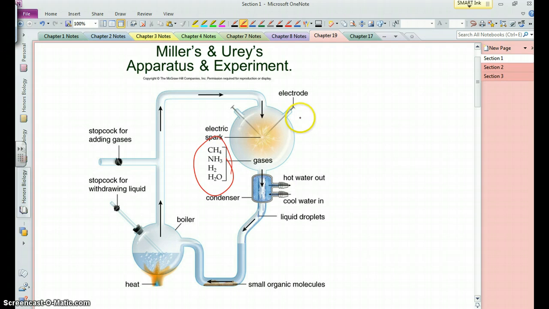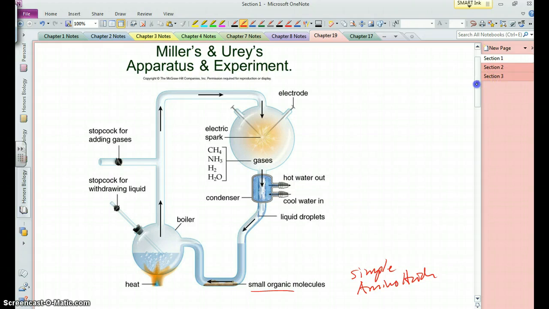So they provided an electric shock to energize the system, and they wanted to see what would happen, so they recondensed this gas by cooling it down and collected the liquid. And what they found was that from these simple inorganic molecules, they were able to generate small organic molecules, basically some simple amino acids.